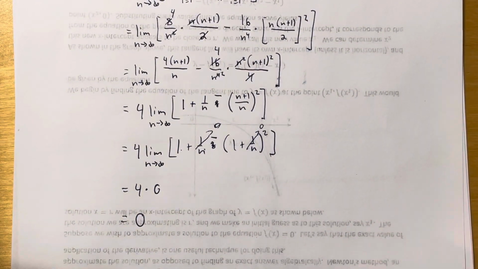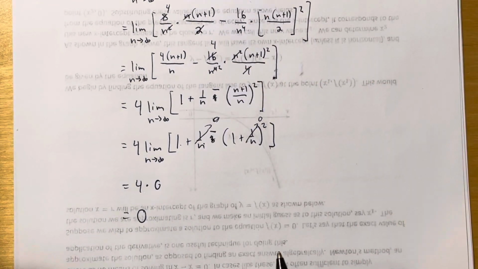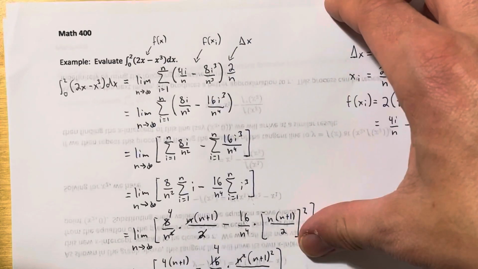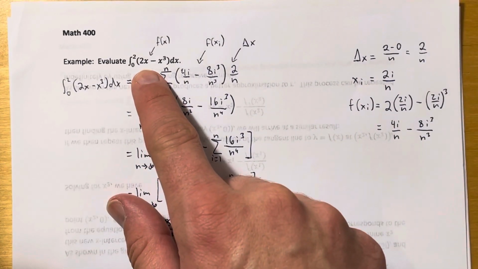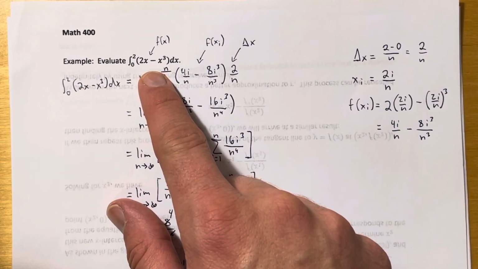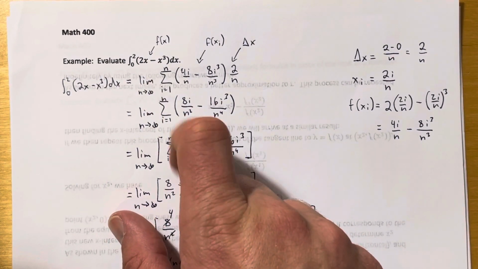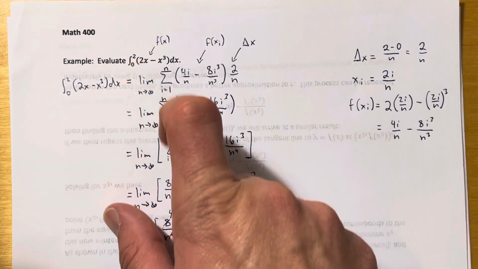Okay? Now this is the first time we've had an integral come out to 0, but think about what that would mean in the context of how we defined the net area in this section. So if you come up here and look at the function that we're integrating, go graph this in a graphing calculator or Desmos or something, 2x minus x cubed. And then look at the interval from 0 to 2.